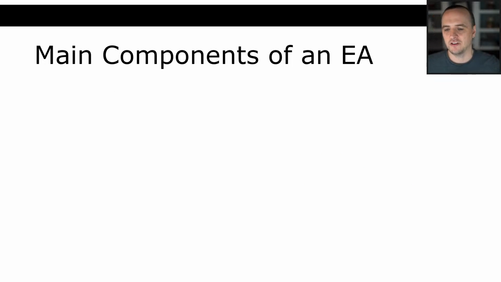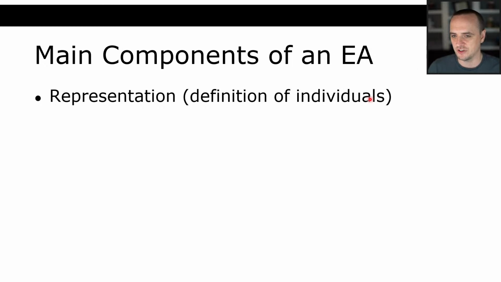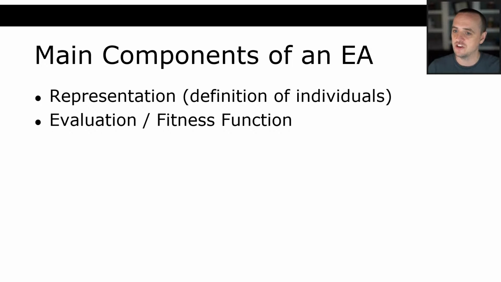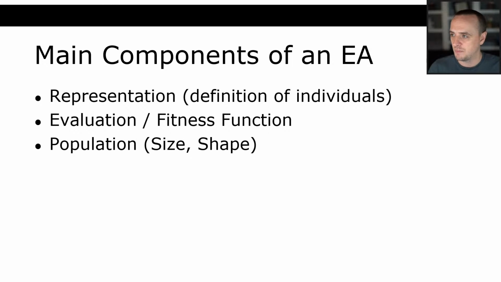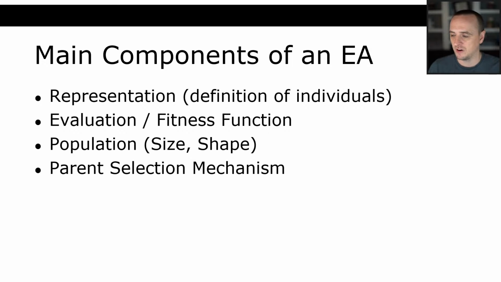So the main components of any evolutionary algorithm are the representation, meaning how we define the individuals, the evaluation or fitness function, the population, so the size and the shape of the population, the parent selection mechanism, so how do I select which individuals? Sure, I have fitness numbers, but how do I select whichever ones I want?